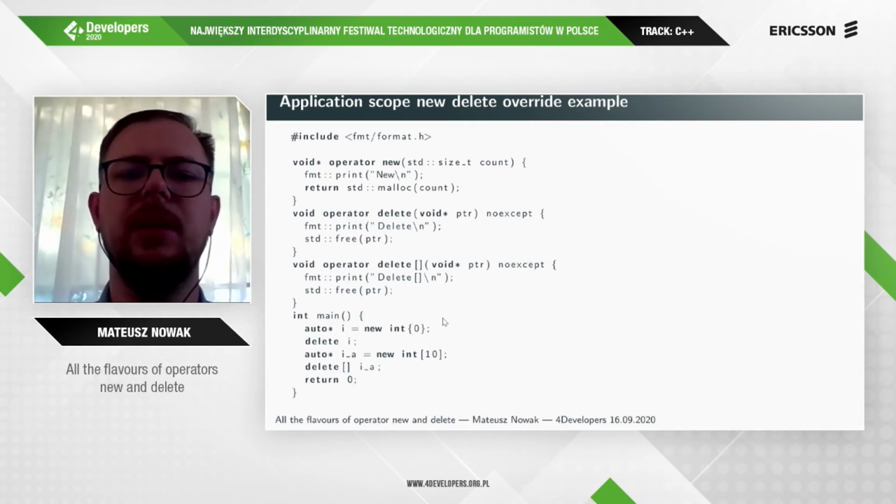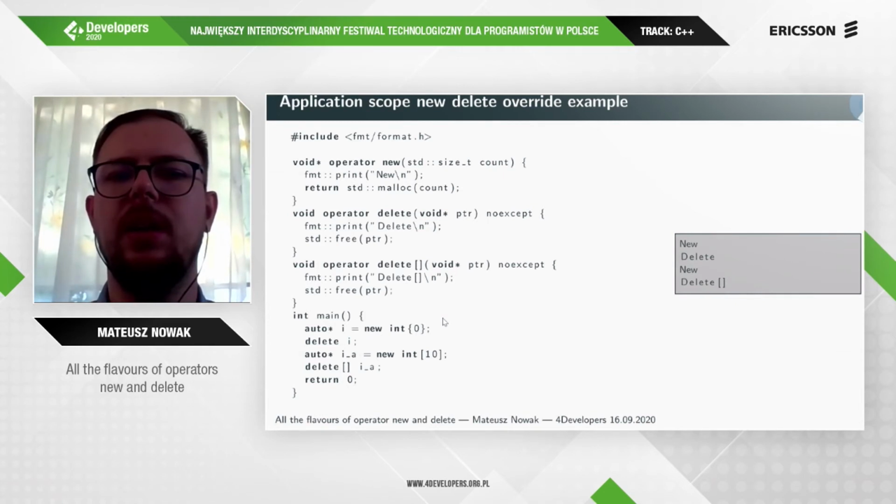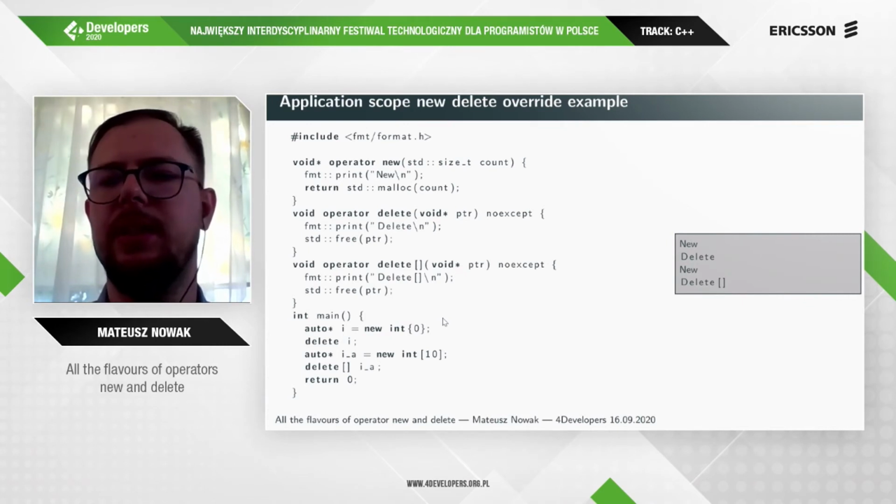So what will happen here? Our overridden operator new will be called twice, and then respectively operator delete and delete array will be called.